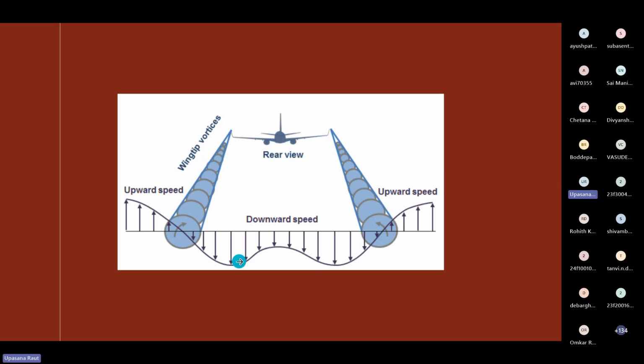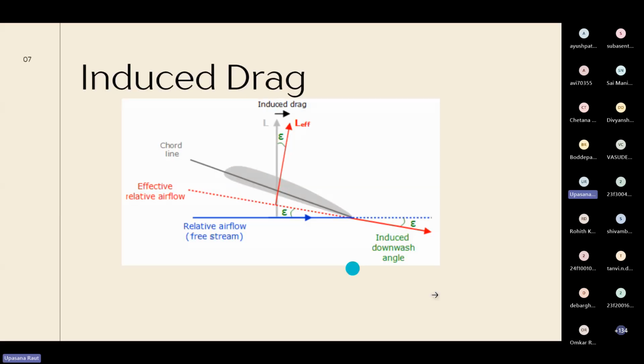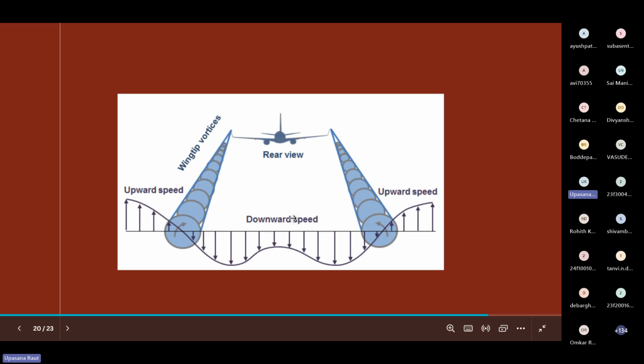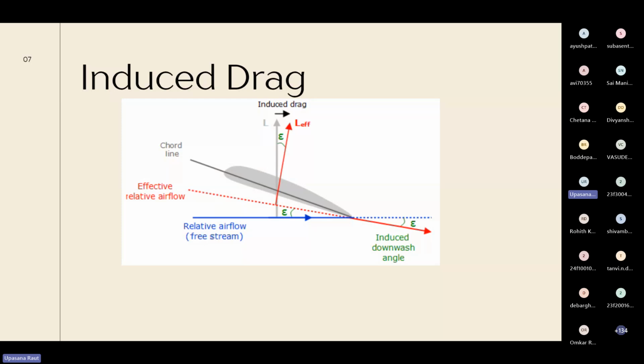This downward push will shift the relative airflow downwards by an angle of epsilon, and the effective airflow faced by the airfoil is this.